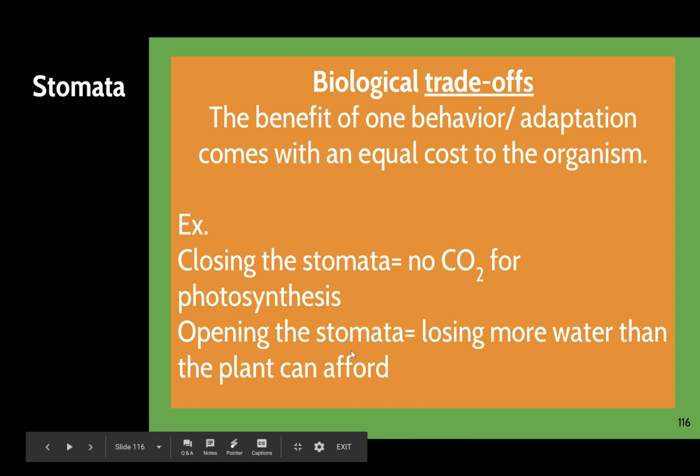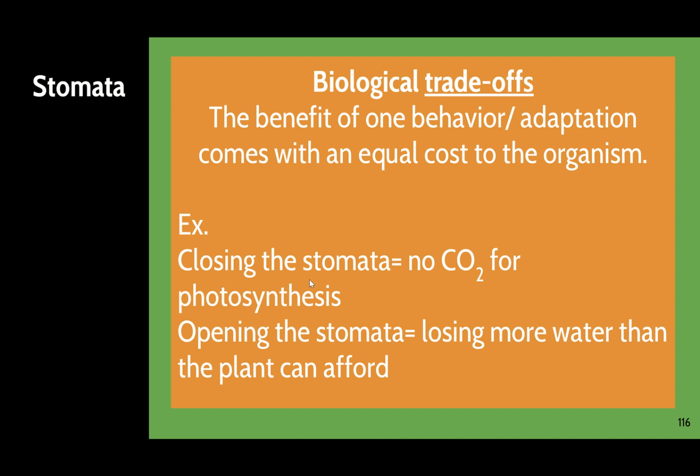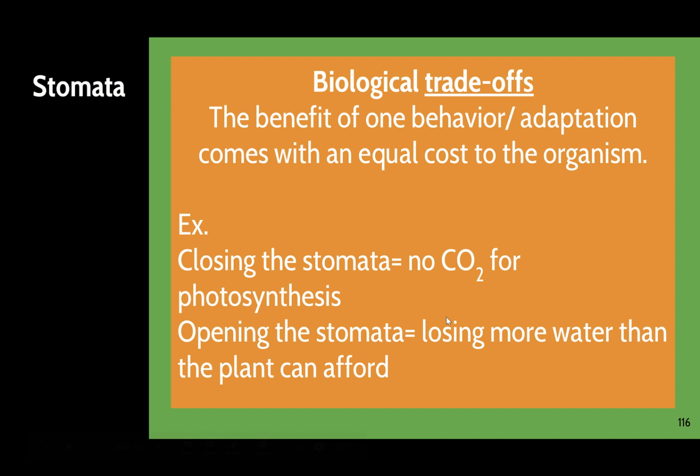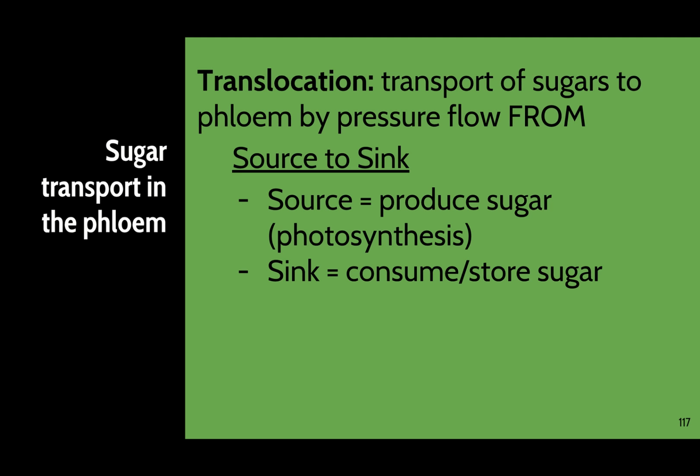So in a situation where it's an extremely hot day, the plant is becoming dehydrated, and so it might close its stomata. But closing the stomata means it doesn't have any CO2 for photosynthesis, and so the plant is going to stop producing sugars. So this is the concept of a biological trade-off. If you remember one example of a biological trade-off, this could be an example. There are a lot of examples, but this is one that we've talked about.